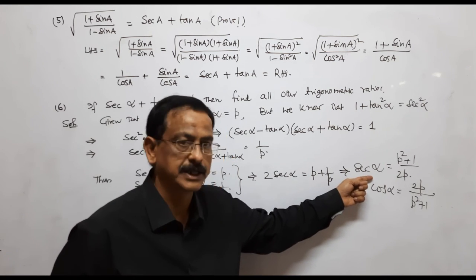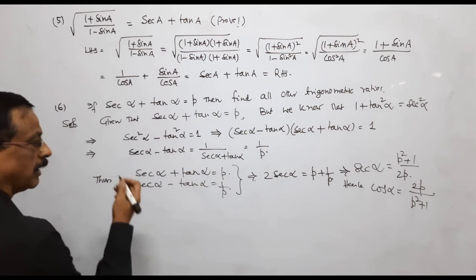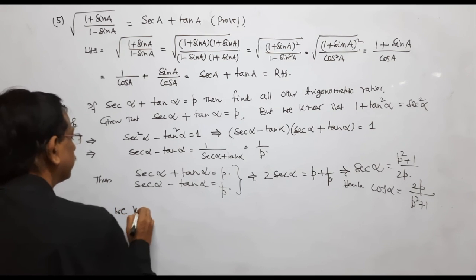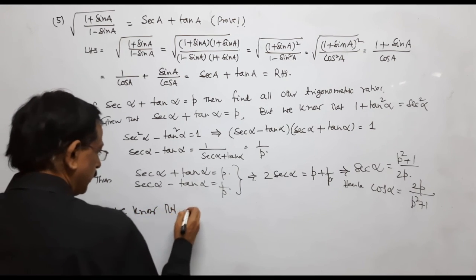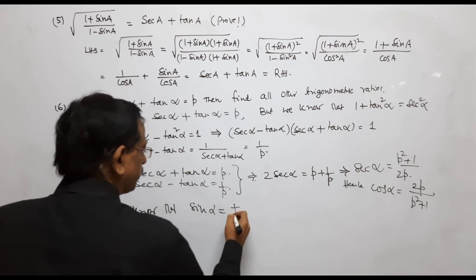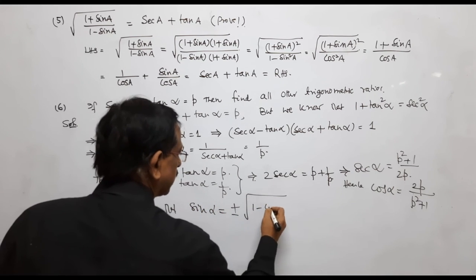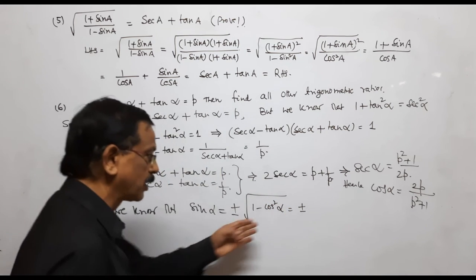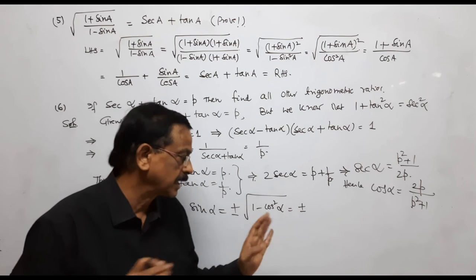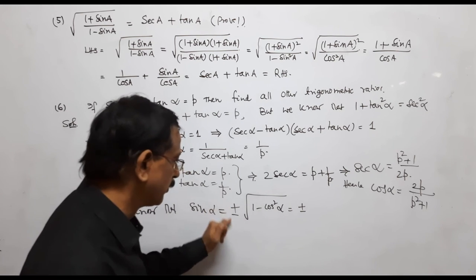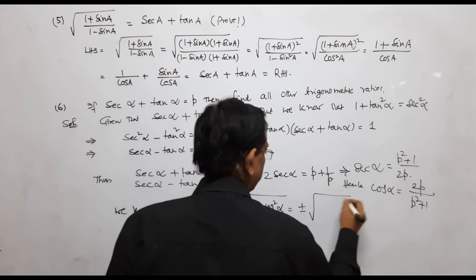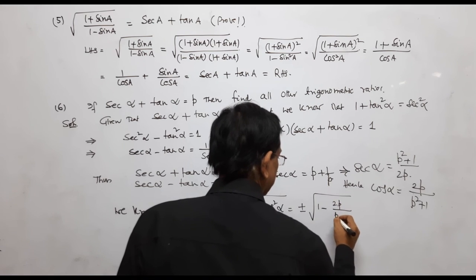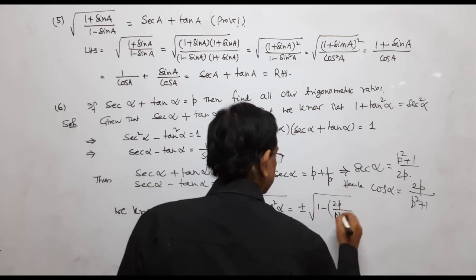So I can calculate cos alpha. I have calculated secant alpha. Now I want to calculate the remaining. We know that sin alpha is plus or minus root of 1 minus cos square alpha. I'm not talking about whether alpha is acute or obtuse, but I'm evaluating plus or minus root of 1 minus cos square alpha, which is (2P by (P square plus 1)) whole square.